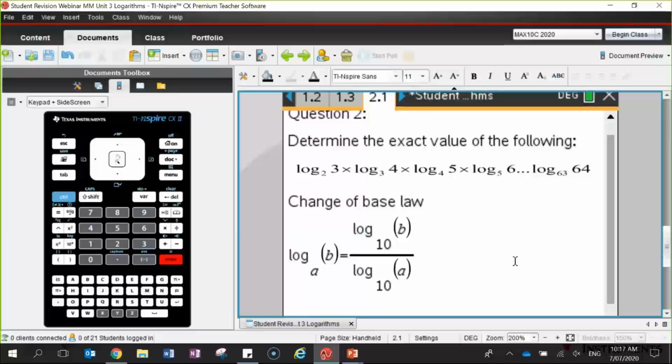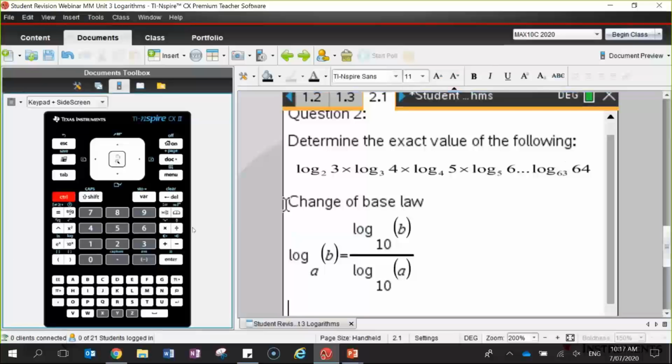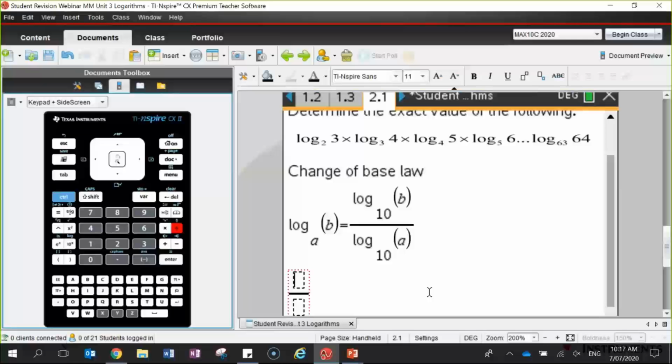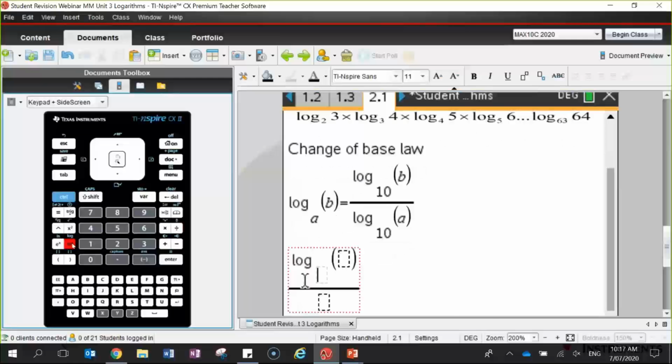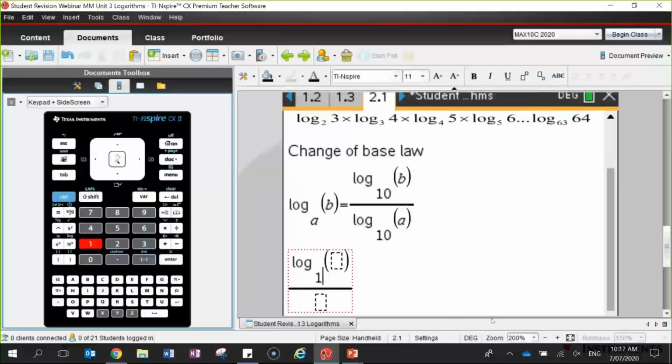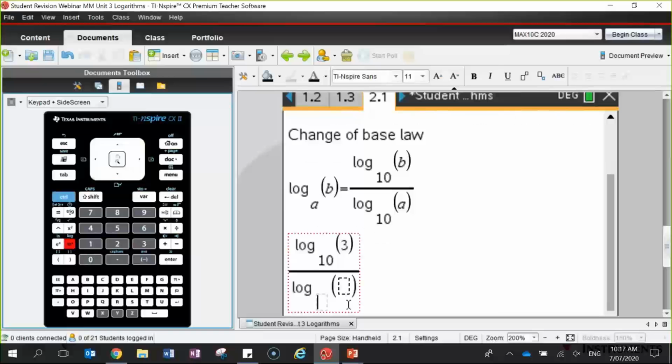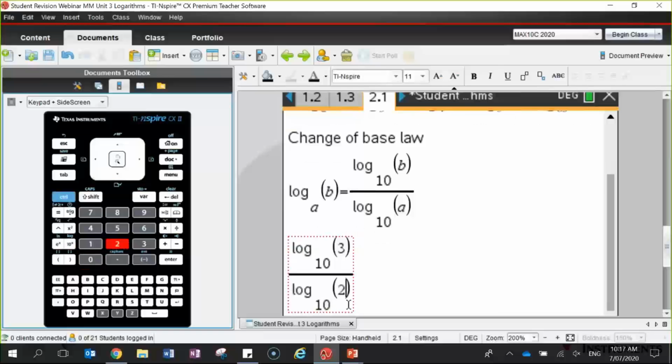When I rewrite it using this change of base, what I'm going to have is log base 10 of 3, divided by log base 10 of 2. If you want to, you could also use the natural log, so it doesn't have to be base 10, it can be base e.